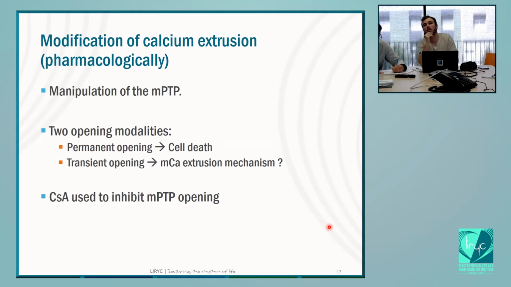the MPTP structure is not well defined, but it is accepted that CsA is an inhibitor of cyclophilin D, which is an activatory protein of the MPTP.